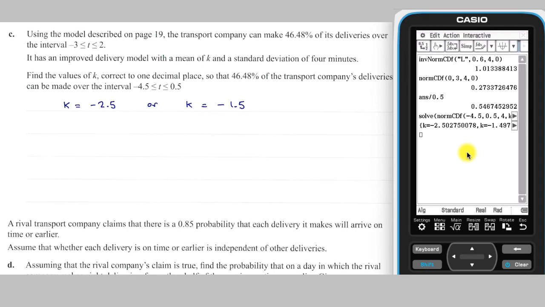So it seems we have two answers. However, this question is worth 3 marks, which suggests that some reasoning should accompany these two answers.